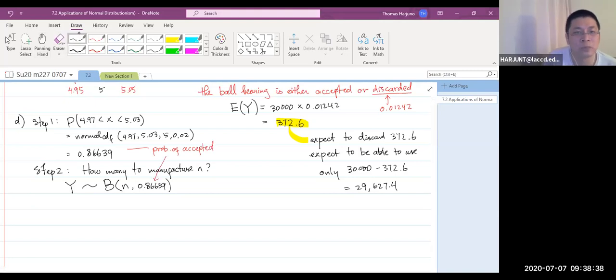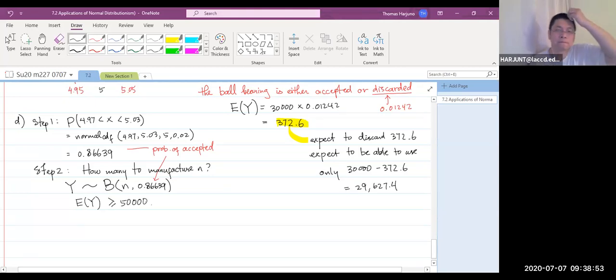Now then the expected value, okay, so after you produce N, you want that to be at least 50,000 because that's the order. We expect to have more than 50,000 accepted at the end.